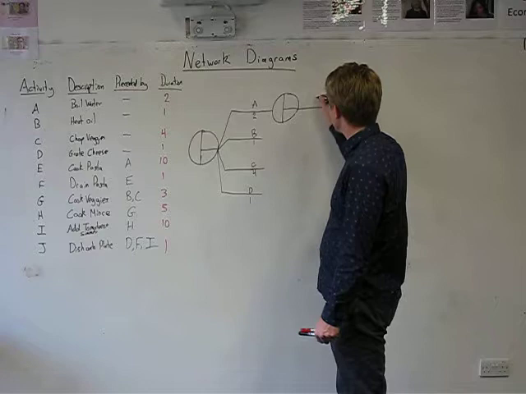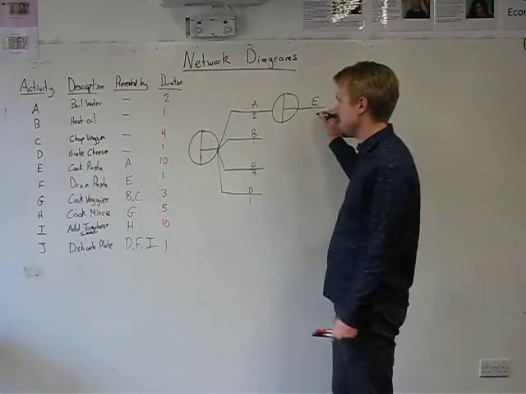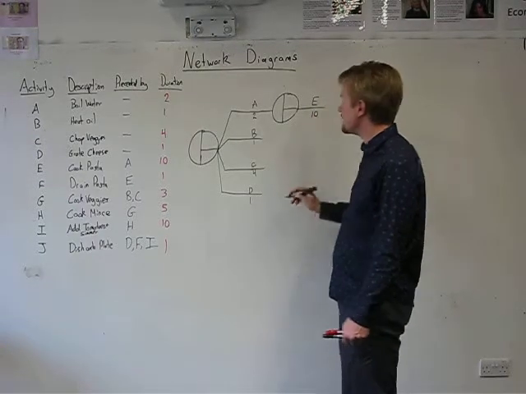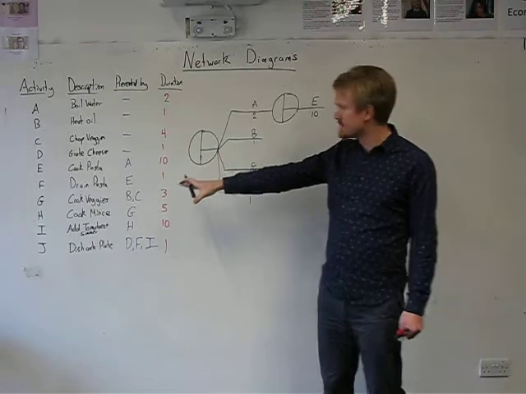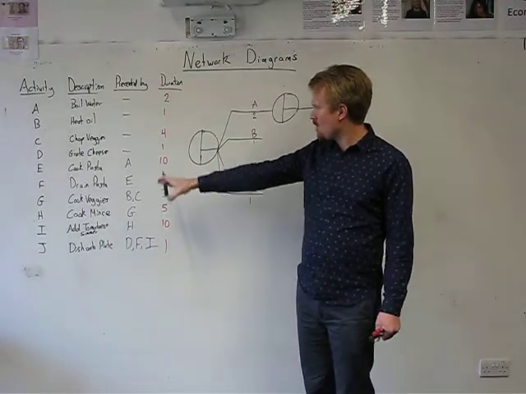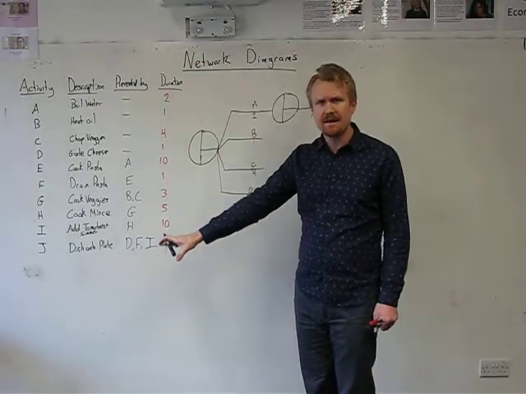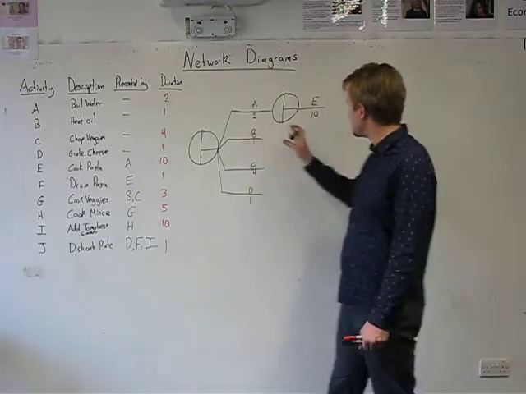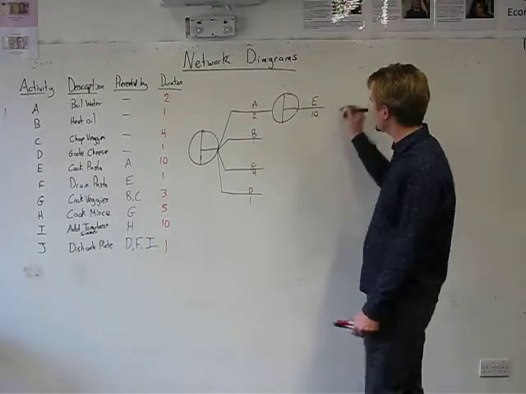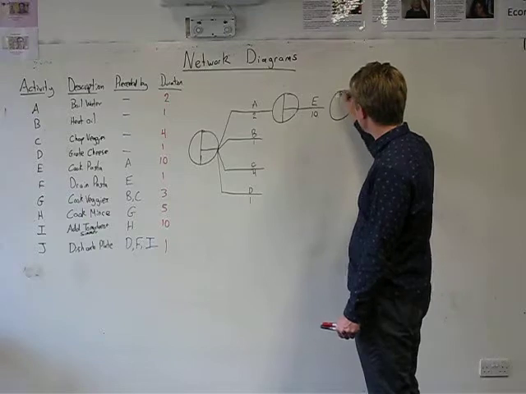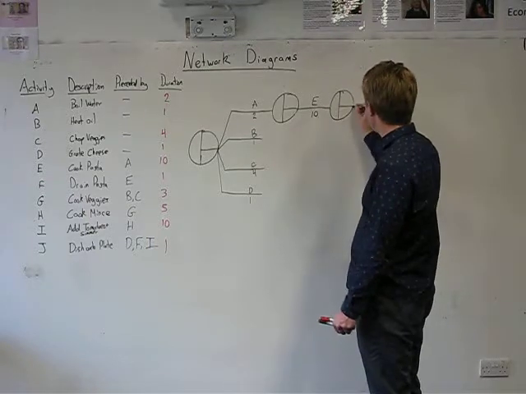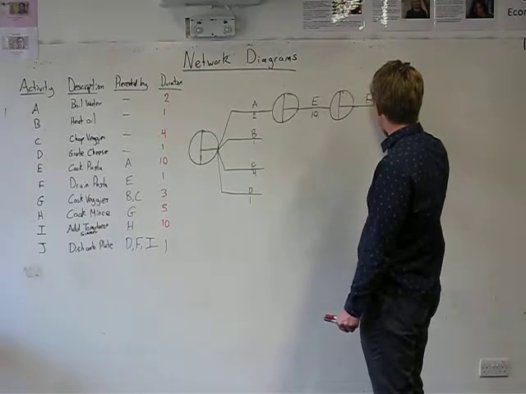Now I can start to work on task E, and task E takes 10 minutes. I'm now looking down the list. I see task F, which is dependent on task E. Another moment in time at which task E is getting completed, and I can start with task F. So I draw another node to represent that point in time, and I can now begin task F.